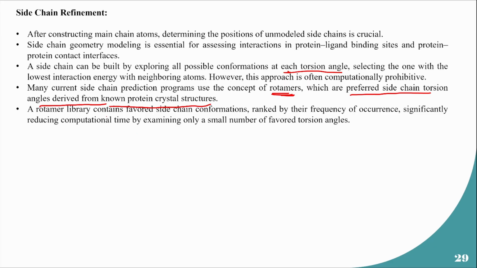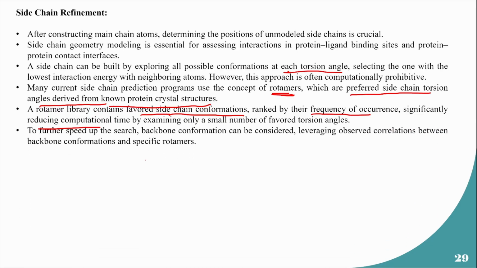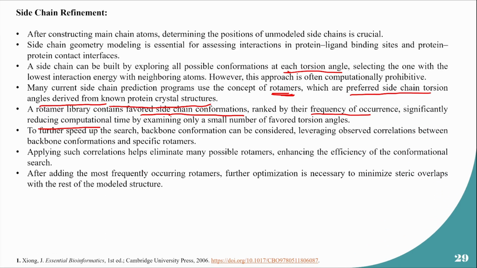The rotamer libraries contain the favored side chain conformations ranked by their frequency of occurrence, which reduces the computational time because you do not have to explore all possible conformations for all the possible torsion angles. So that is side chain refinement using rotamer libraries.